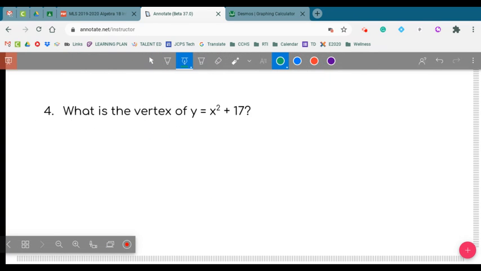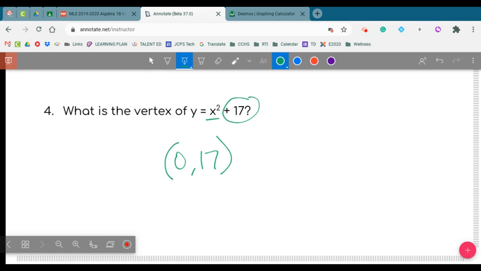Okay, last one, our vertex. So you could graph this in the calculator. If we want to do x squared plus 17. Clear. So x squared plus 17. If you see this, you couldn't even see it on your calculator. But anytime you have an x squared and then a plus 17, your vertex is going to be (0, 17).